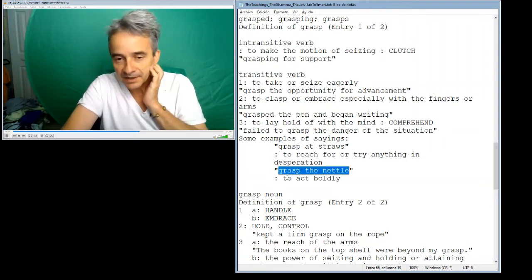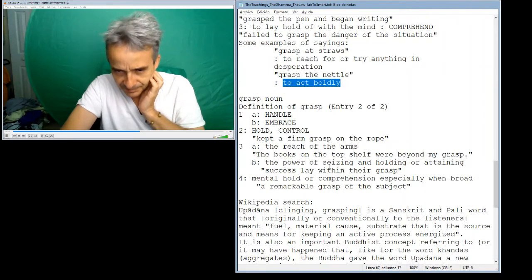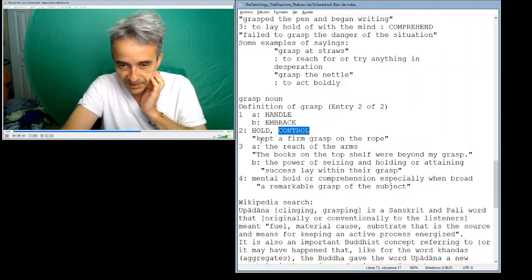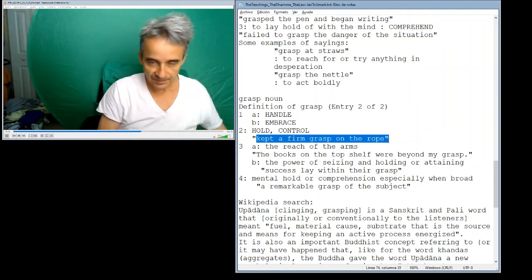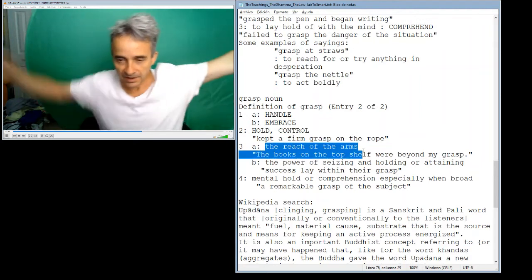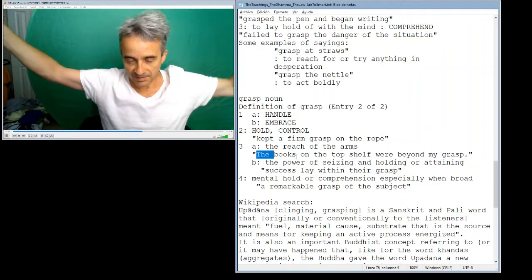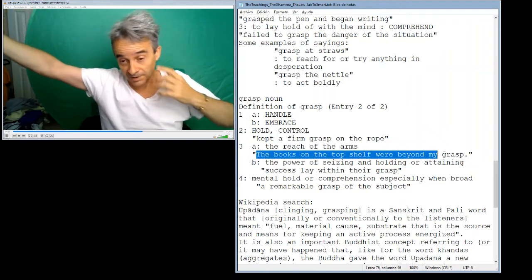And finally, you can use grasp as a noun. Handle, embrace, hold, control. He kept a firm grasp on the rope. Or the reach of the arms, how far I can reach. Would I be able to grab something?